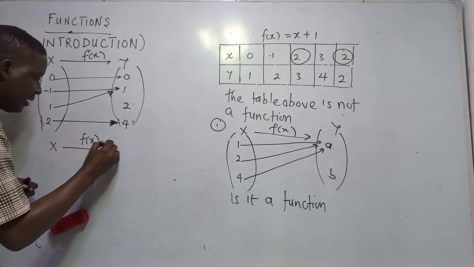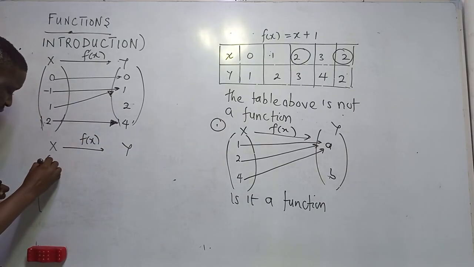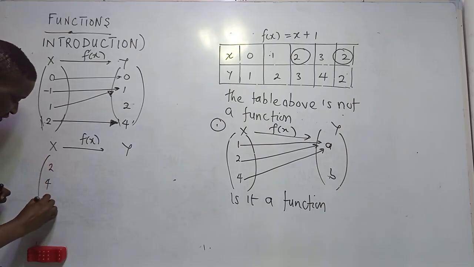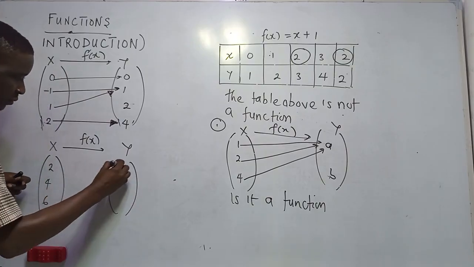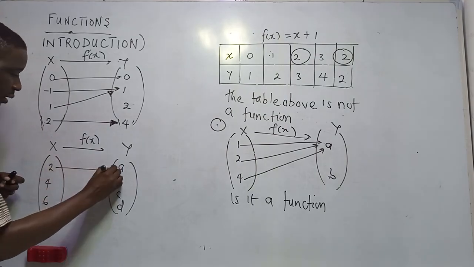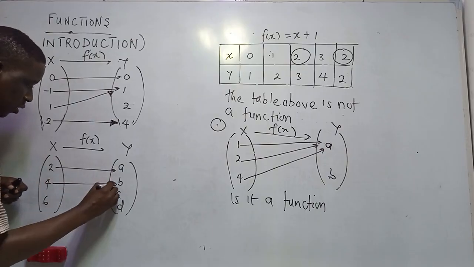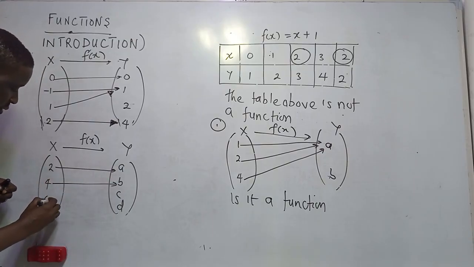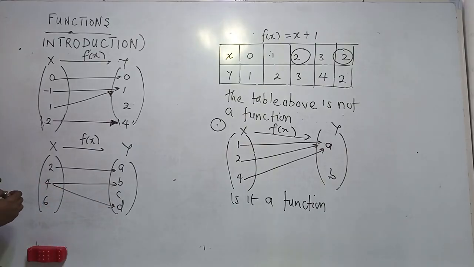So now I'll give you the last one. Last question. Let's say we have 2, 4, 6 linking up with A, B, C, D, for example. Link up this, and link up this. Then we have this.